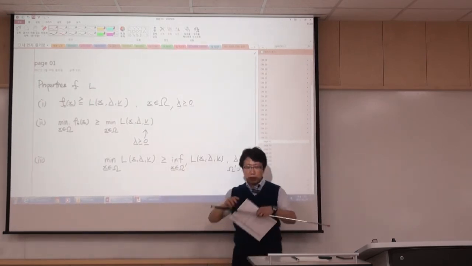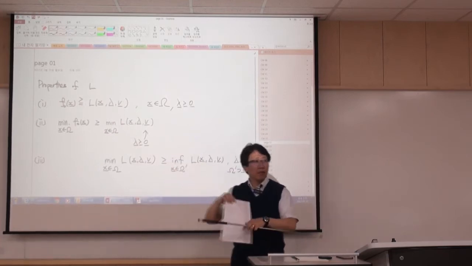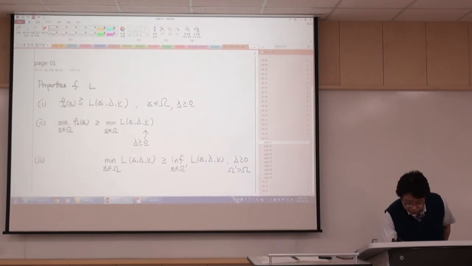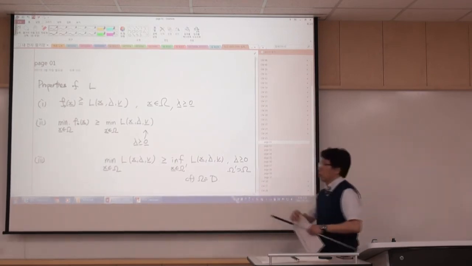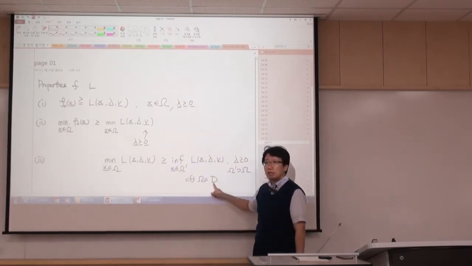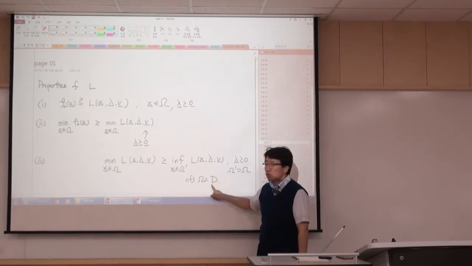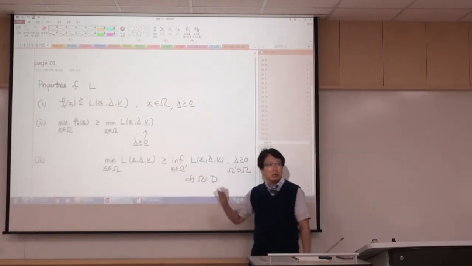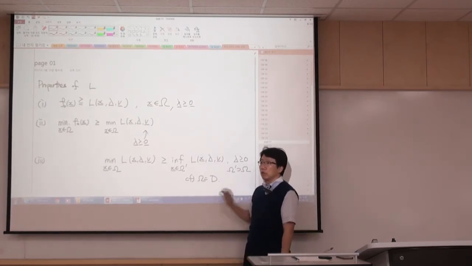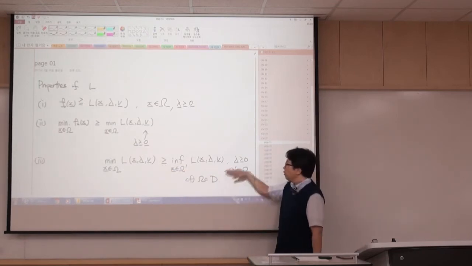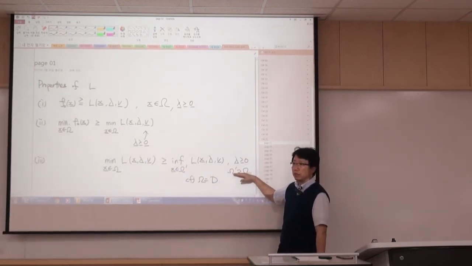Unlike our lecture note, where for omega prime, the authors of that convex optimization textbook just use D, that is the intersection of the domain of the objective function, the domain of the inequality function, and the domain of the equality function. But actually, this holds for any omega prime satisfying this property.